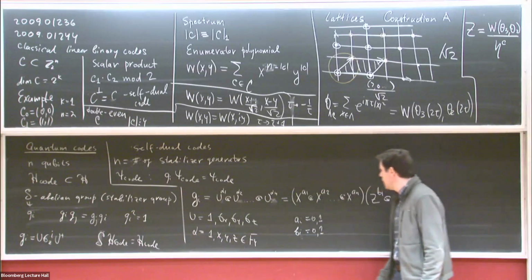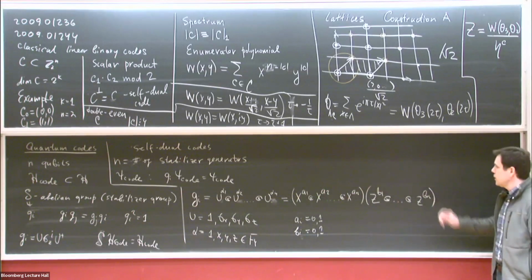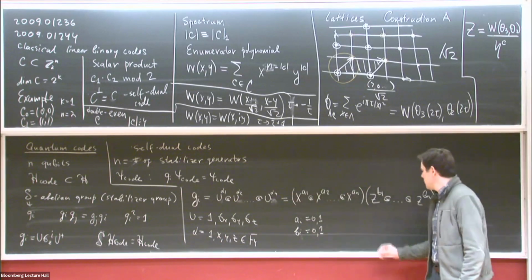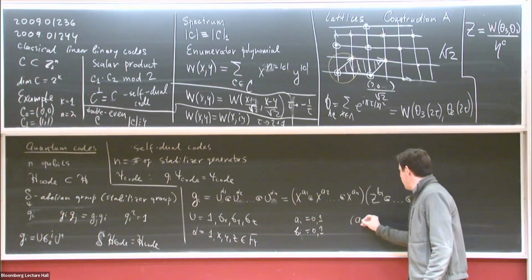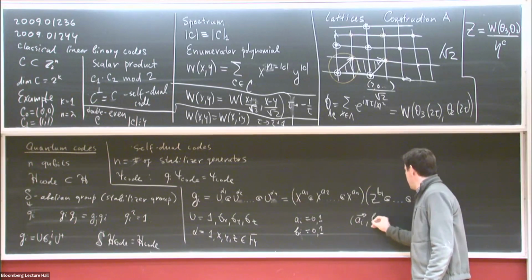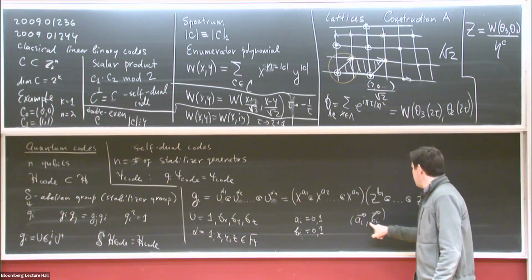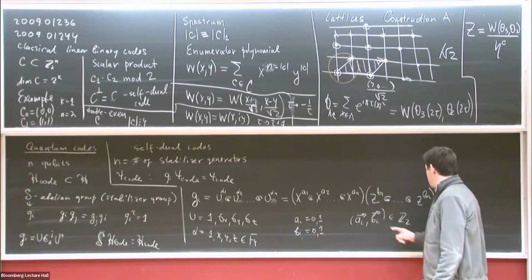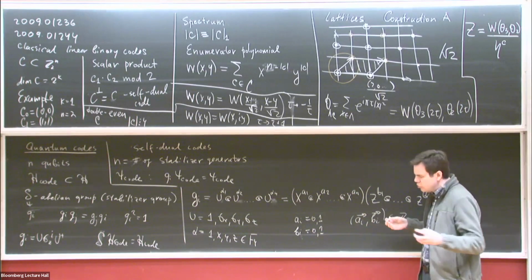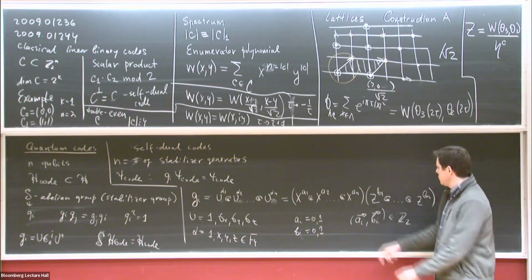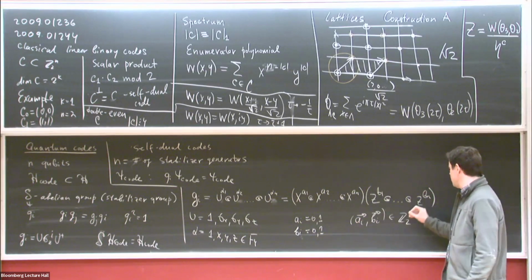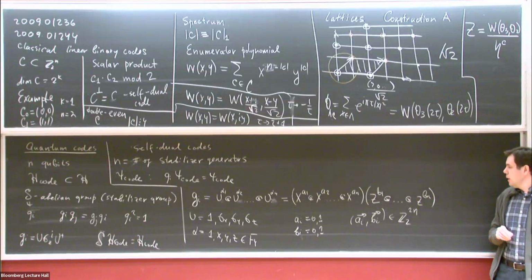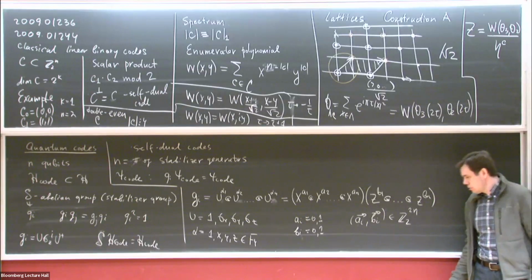So with these 2 binary variables, I'm storing exactly as much information as I'm storing here with one variable in F4. And with these notations, I can say that a generator of my stabilizer group is parameterized by a vector a_i and b_i, where a and b both belong to Z2, binary strings of length n, which means that this long binary string belongs to Z2 to the power 2n. What I did here is rather standard.